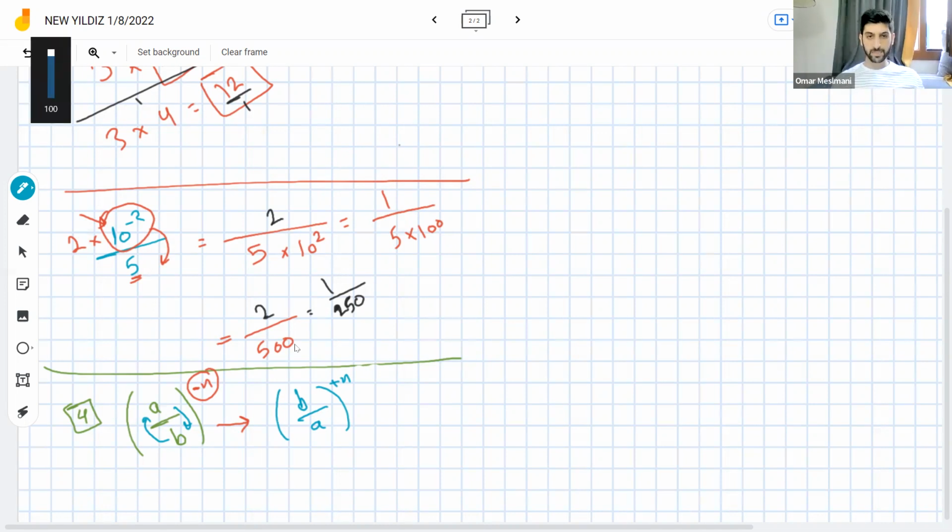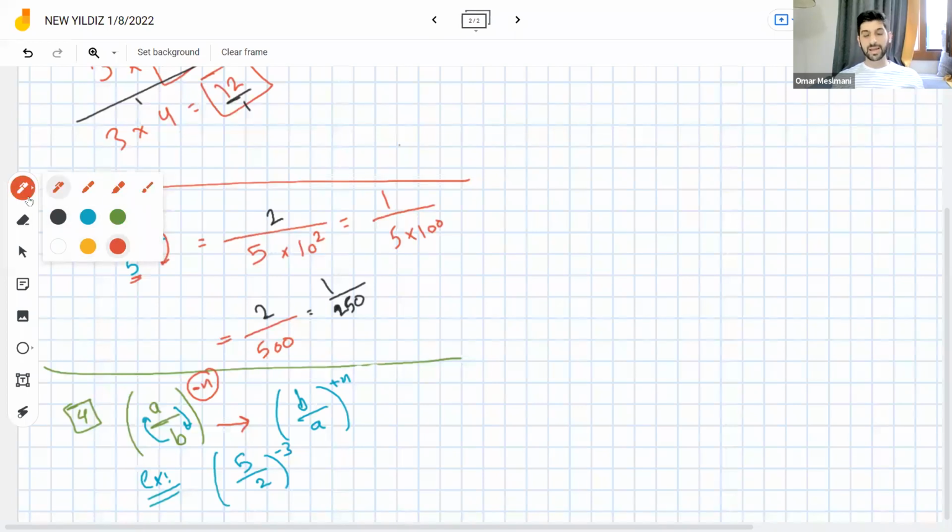As an example, let's say I have 5 over 2 to the power of -3. What can I do right now? Ask yourself, is the power -3 for the whole fraction?